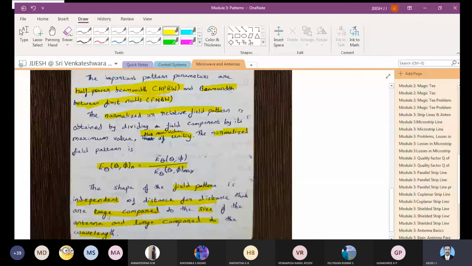The field pattern is independent of all these things, the size of the antenna and also the wavelength. These are some more points you can add on to that pattern. Note down these things.